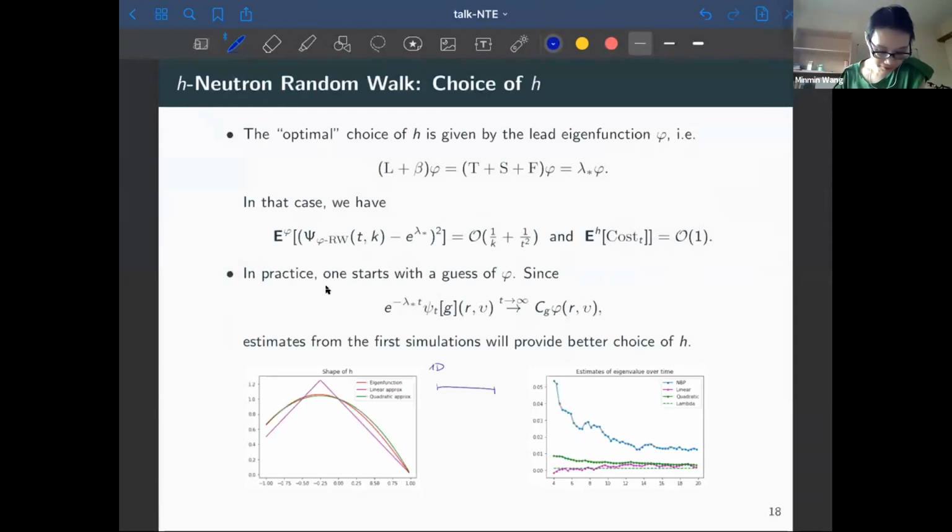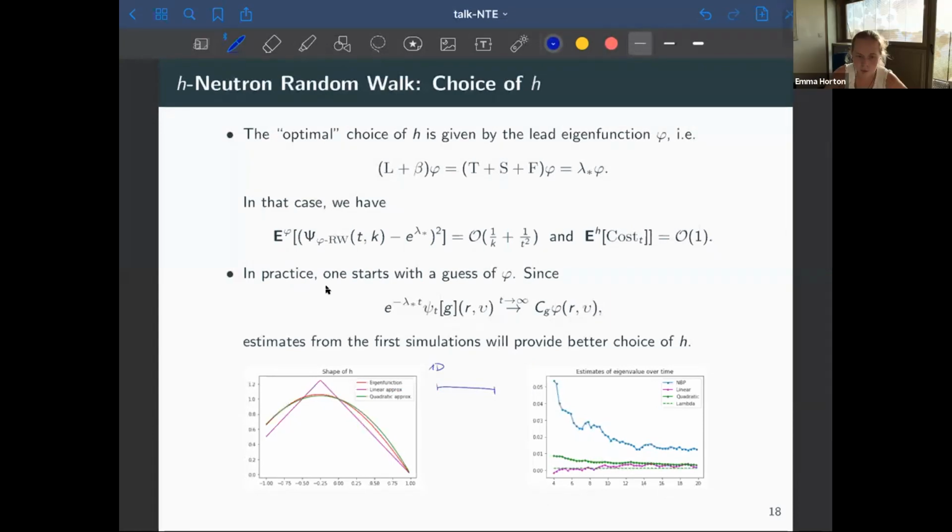even for the linear and quadratic, we restricted to the 1D case. In the 2D case, I think we just did the linear approximation, as far as I remember. It's possible to do the quadratic, but our impression is that linear is already not a bad thing to begin with.